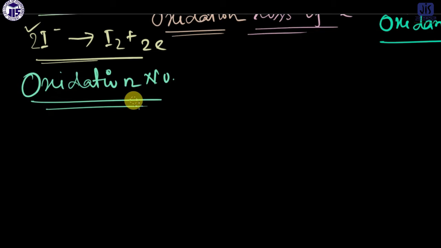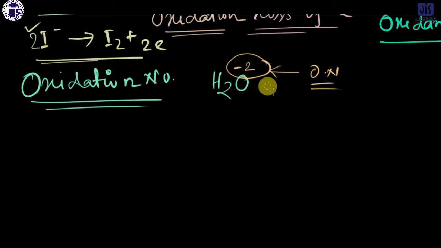This is the definition of the oxidation number. Now I will show you. For example, if you write H2O, then the oxidation number of the oxygen is -2. So this is called the oxidation number.